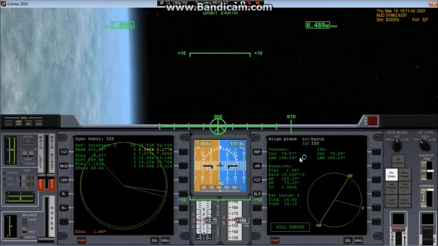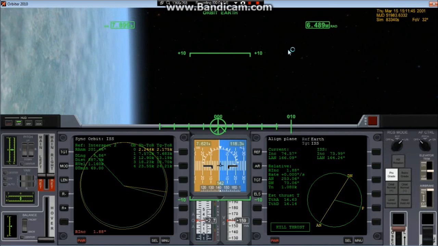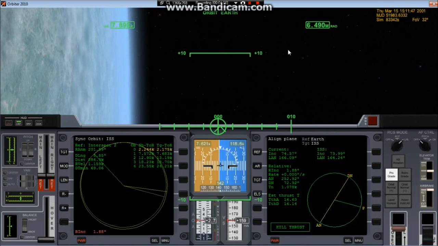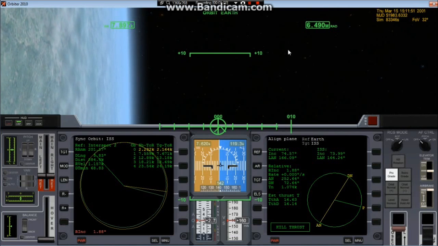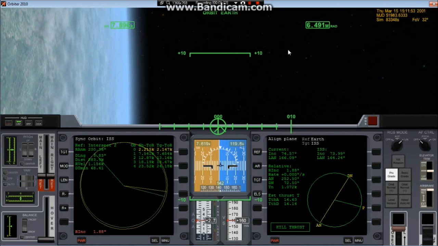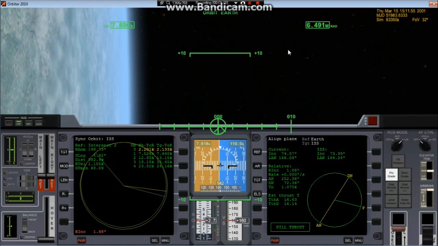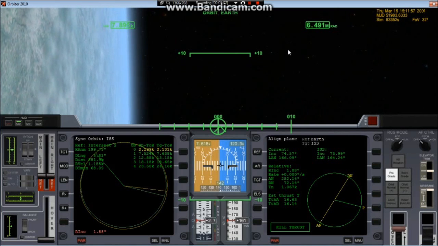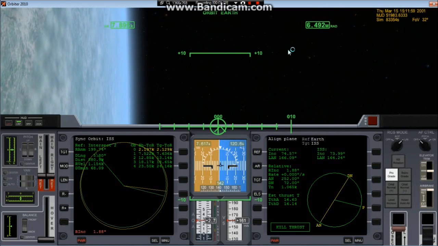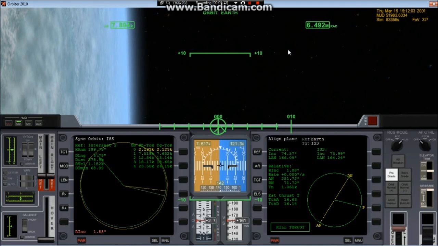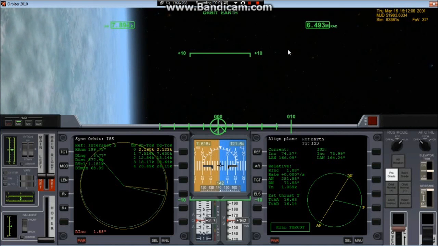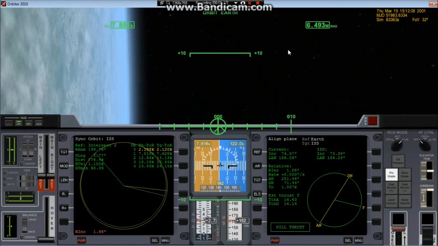And I'm going to use a little bit of translation just to confirm that. Yeah. That kind of sucks. So we were a little bit late, but that's okay because, well, if you can't do it in one orbit, you can just do it in more orbits.